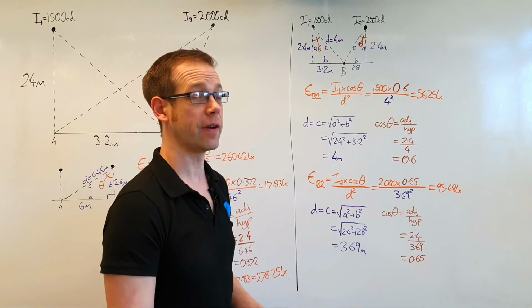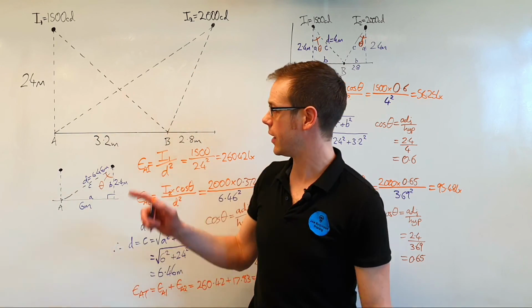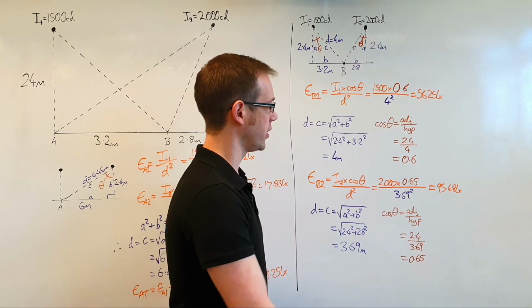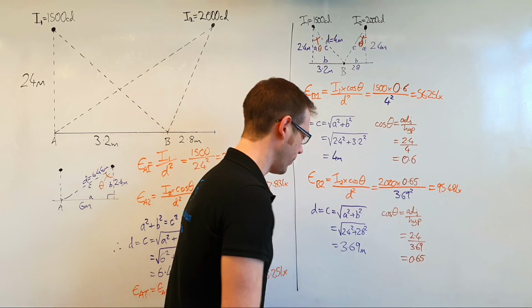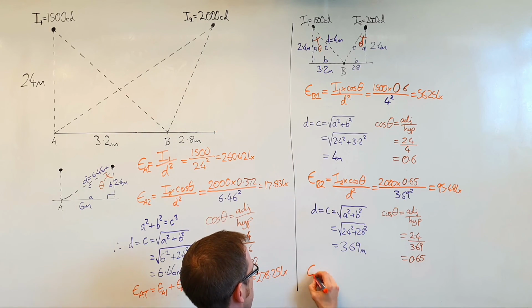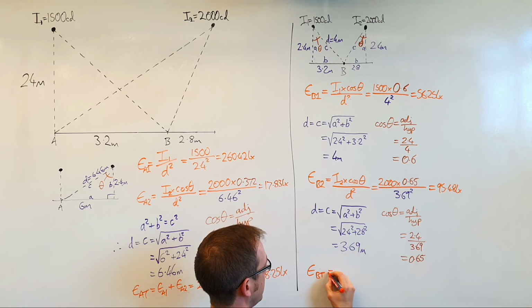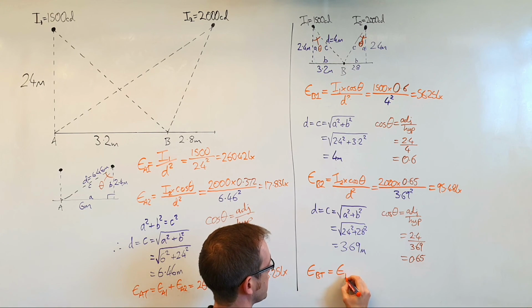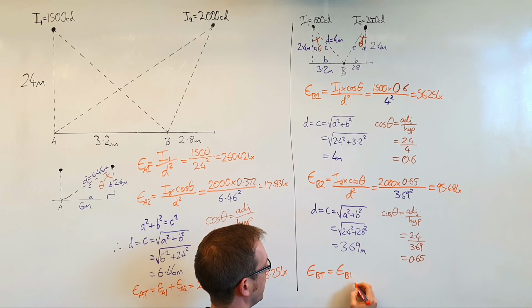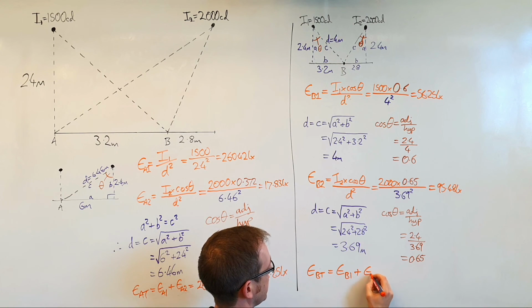And then finally, to figure out what the total illuminance is at position B, all we've got to do is add these two figures together. So to find the total illuminance, E, at position B, it is going to be the illuminance at position B caused by light fitting number 1, plus the illuminance at position B caused by light source number 2.